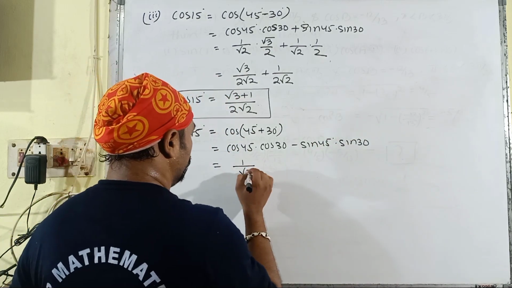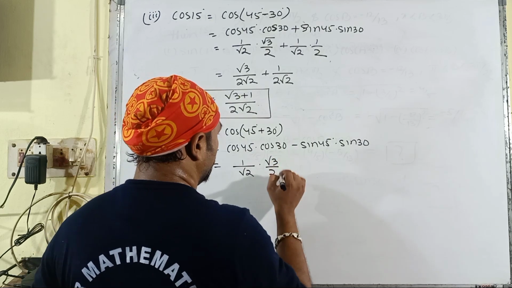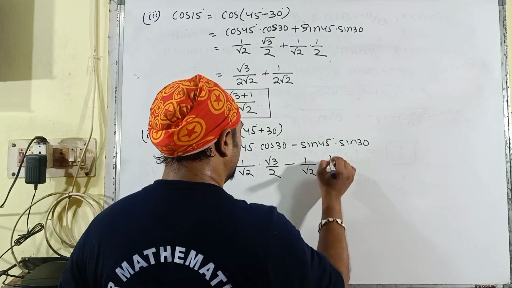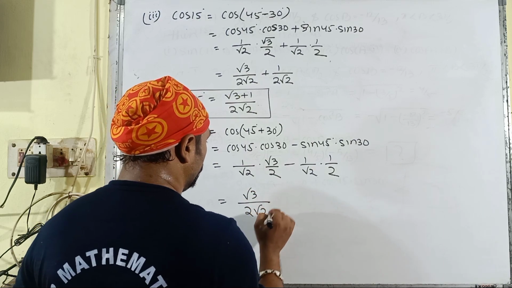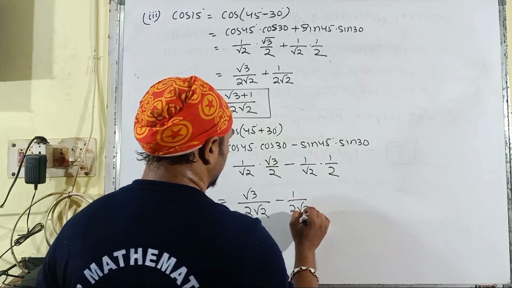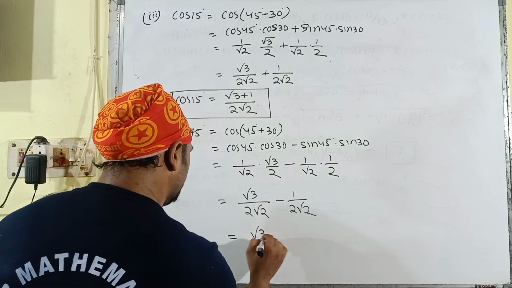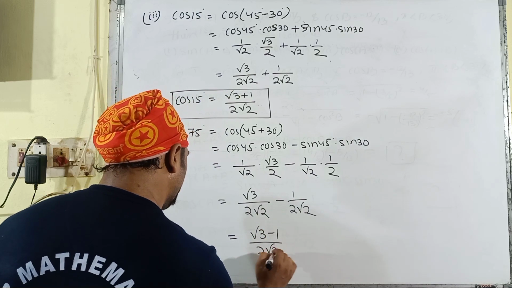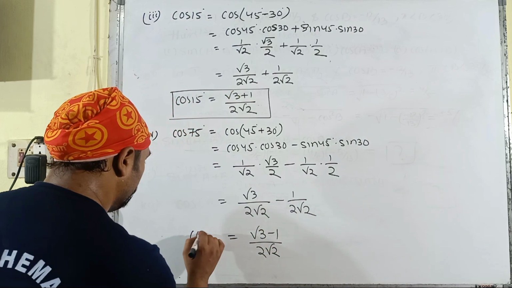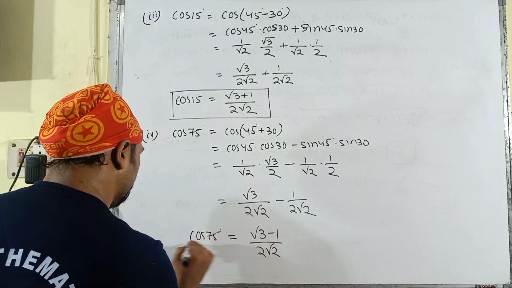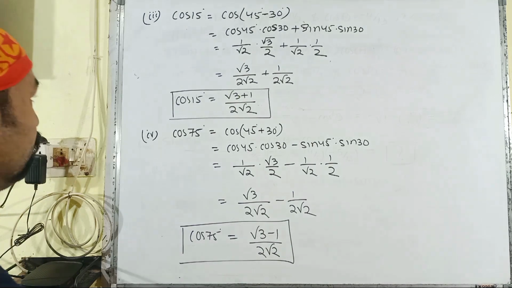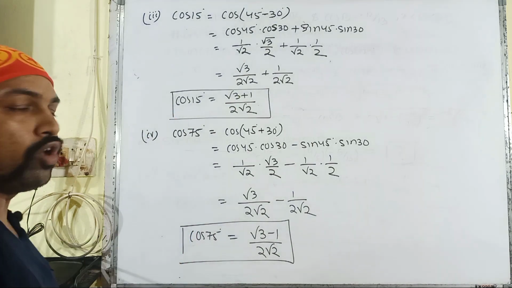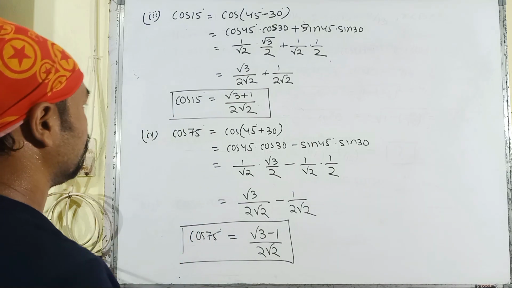It is 1 by root 2 multiplied with root 3 by 2 minus 1 by root 2 multiplied with 1 by 2. It is root 3 divided by 2 root 2 minus 1 divided by 2 root 2. It is (root 3 minus 1) divided by 2 root 2, and it is the value of cos 75 degree. So from the four evaluations, we can make some remarks here.